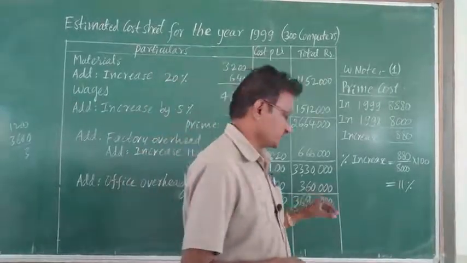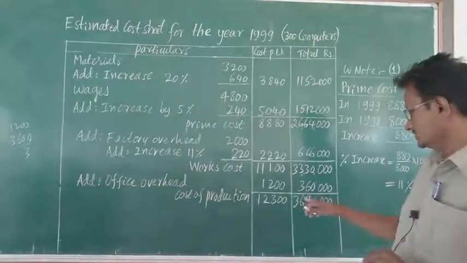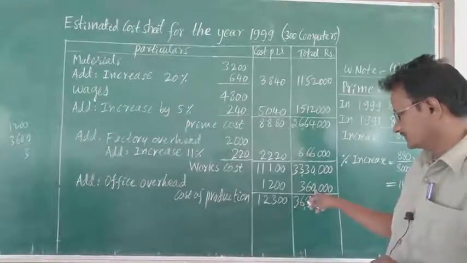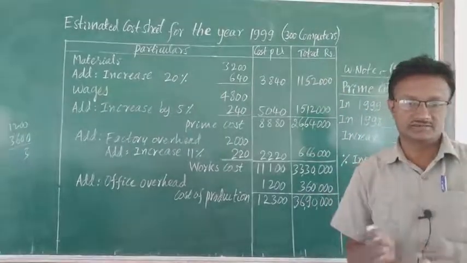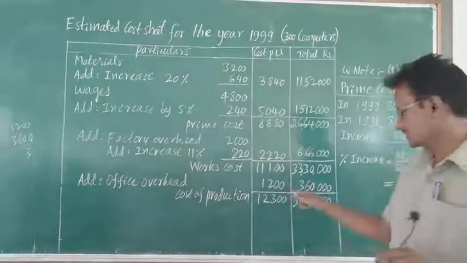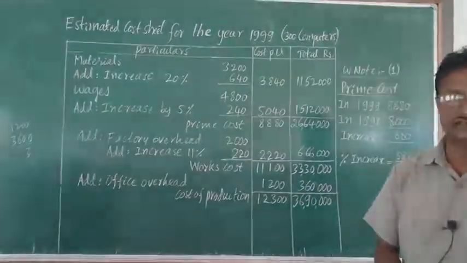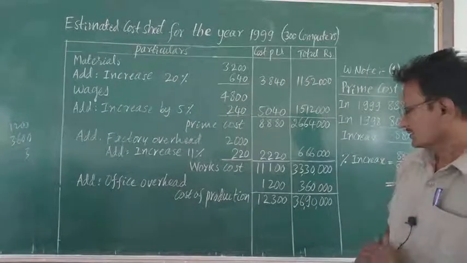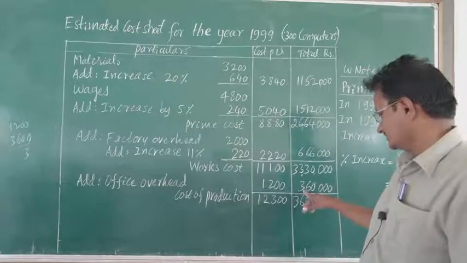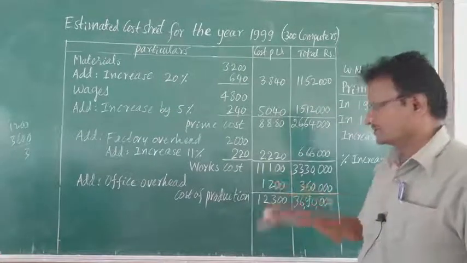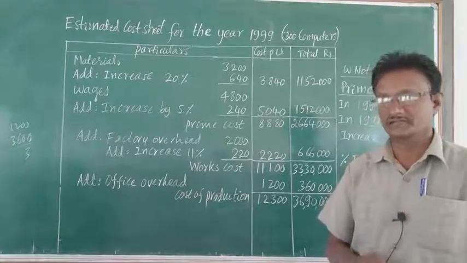The total office expenses is 3,60,000, and for 300 computers it also remains 3,60,000 because there is no increase or decrease in the office expenses. But it is going to change for one computer or per unit.